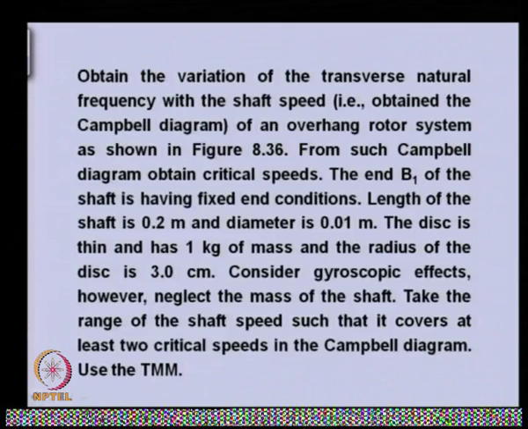So, first let us see this particular problem, various dimensions. You can see shaft length and diameter are given, mass of the disc is given, its radius is given, this is a thin disc. From there we can get the other inertia properties. So, we are considering gyroscopic couple and obtaining the Campbell diagram also, so that we can calculate the critical speed of the rotor system.